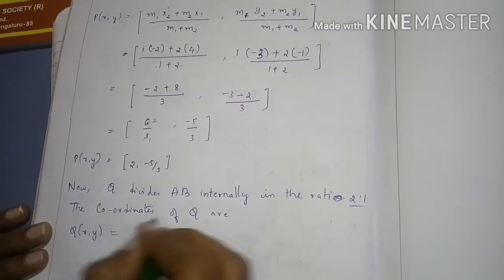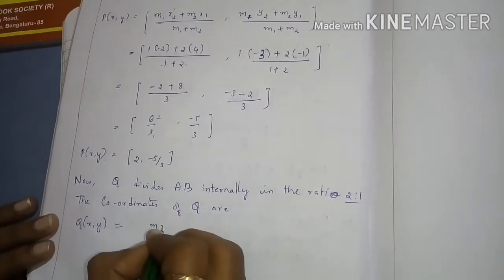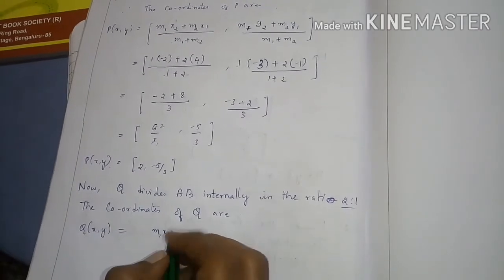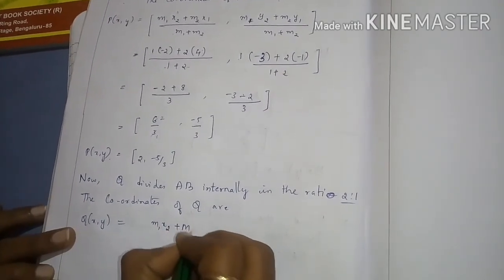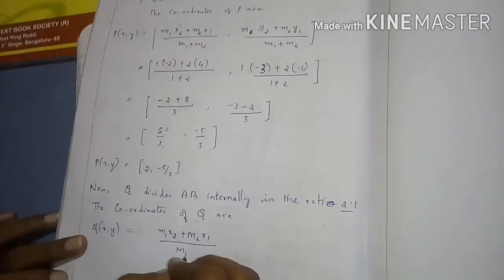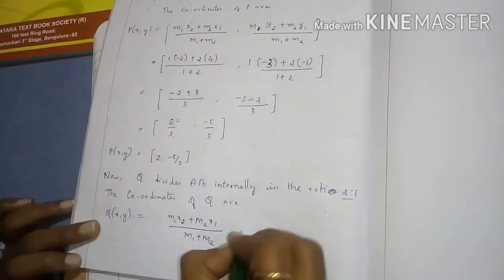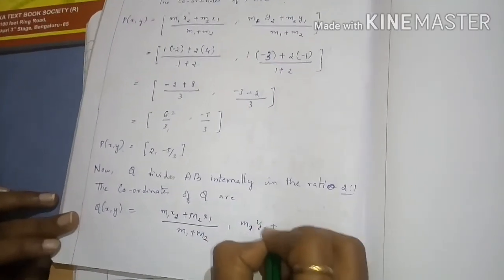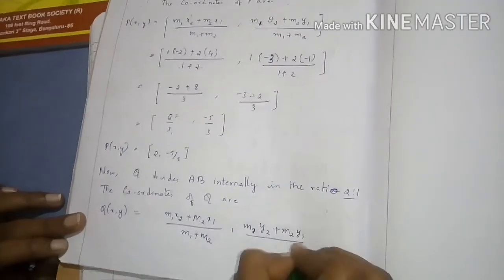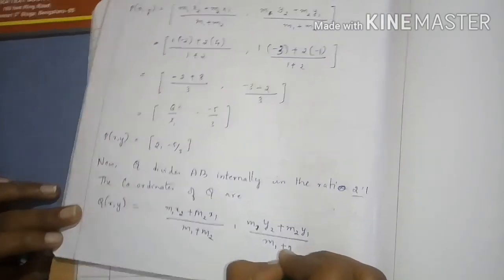First write down the section formula. Writing the formula in every problem means you will be practicing it. Okay, that is (m1 x2 plus m2 x1) divided by (m1 plus m2), comma, (m1 y2 plus m2 y1) divided by (m1 plus m2).